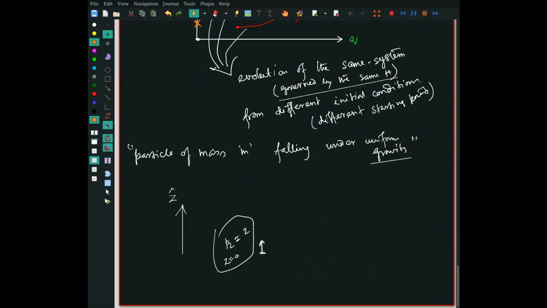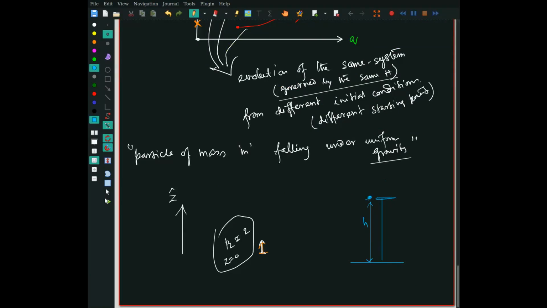But suppose that instead of throwing it upwards initially, you just let it fall from a height h. This is basically the same problem. The Hamiltonian is the same. It's just uniform gravity. So you are standing on the rooftop or a tower of height h, and you make the particle fall from here.